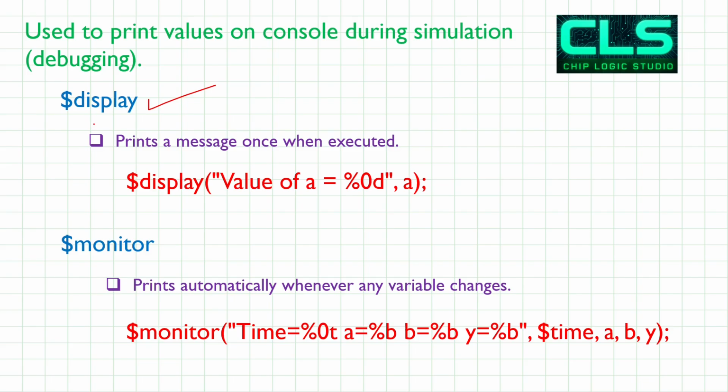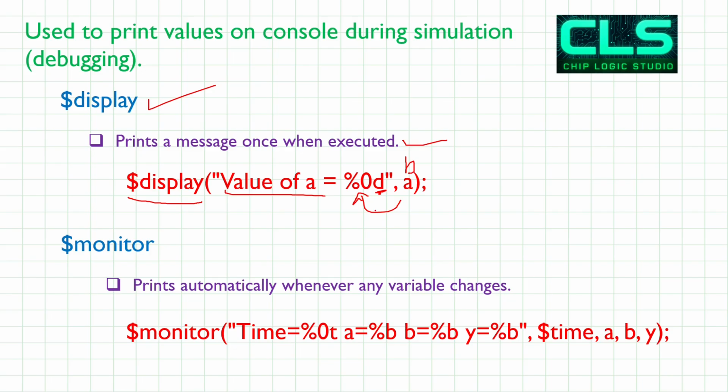Now, $display is a print statement, and the syntax is very simple. $display with the value of a means this is your printing line, which will print on your terminal, and I define that the format is decimal, so a will be printed as a decimal value.